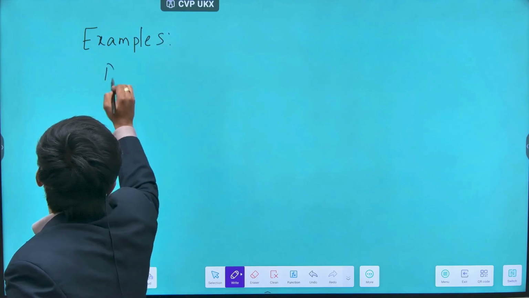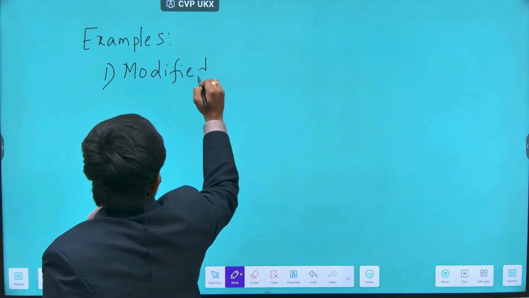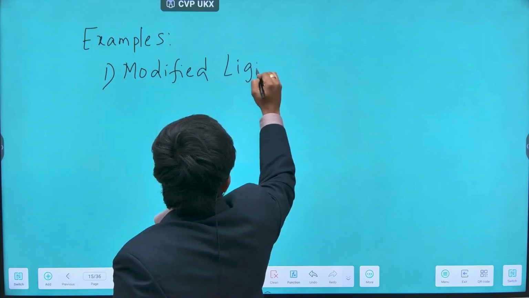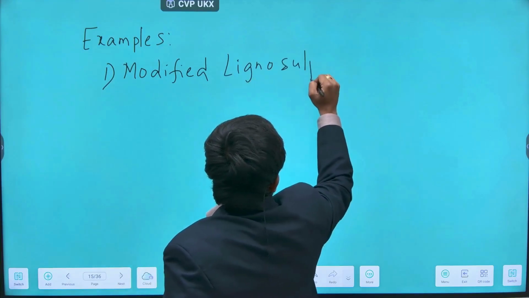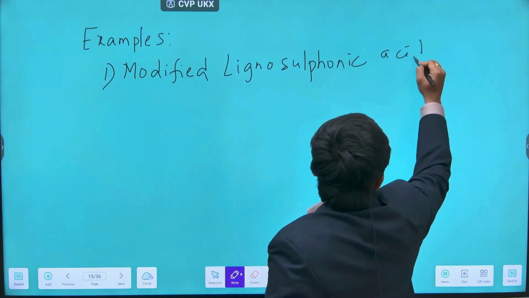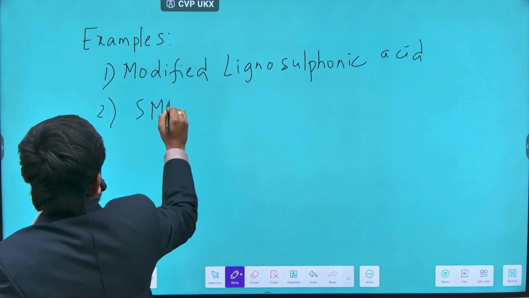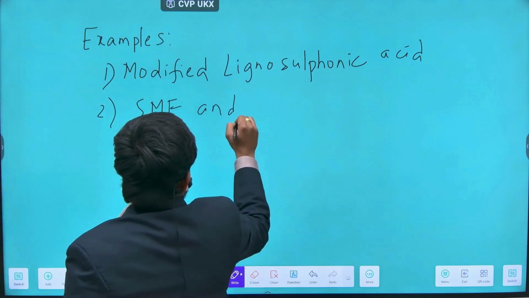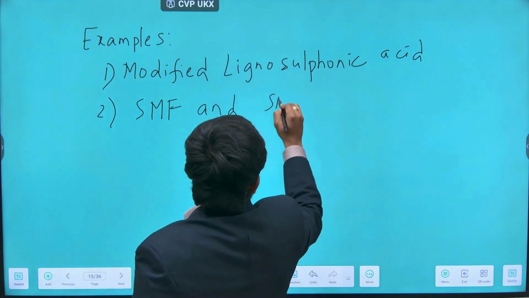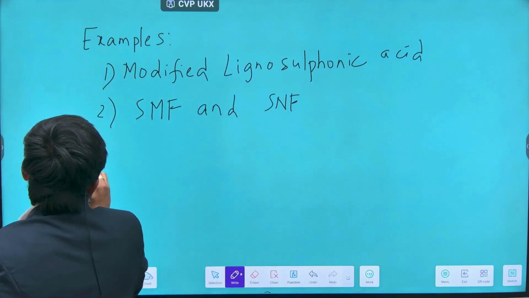What are super plasticizers? Modified lignosulfonic acid, SMF, and SNF. Dosage.